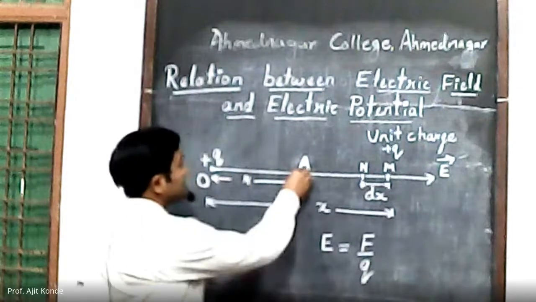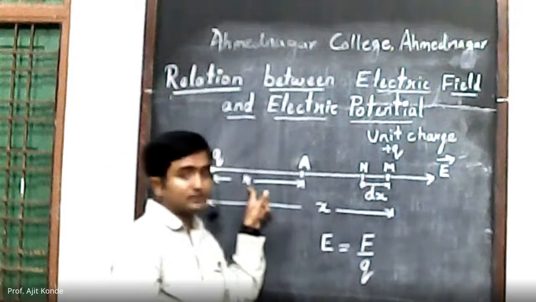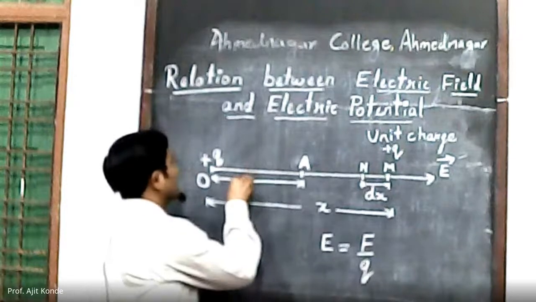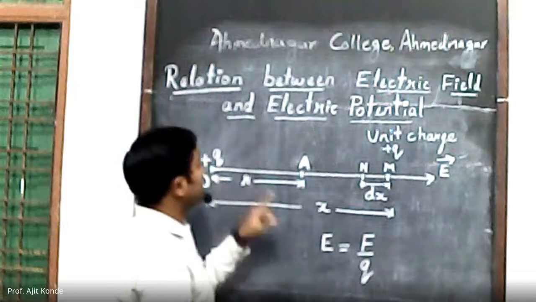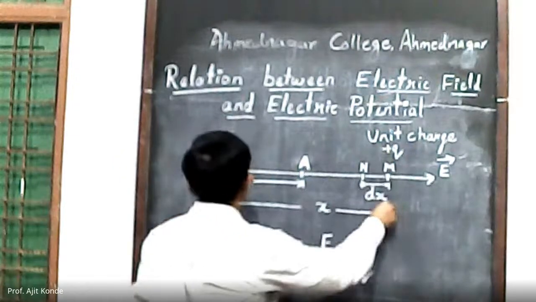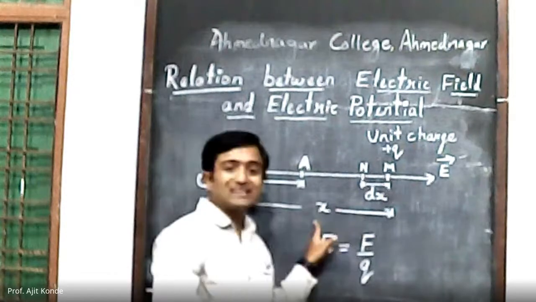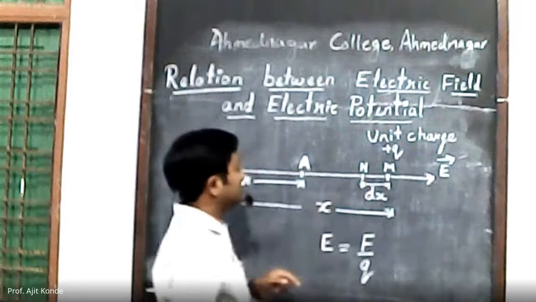The distance between point A and O is small r. The distance between M and point O is represented as x.